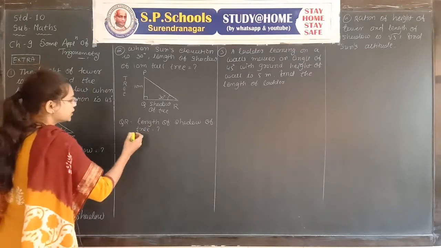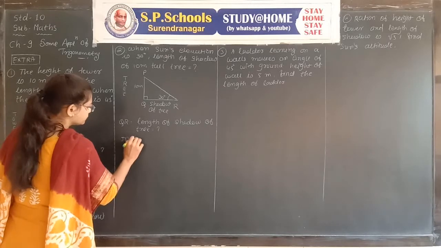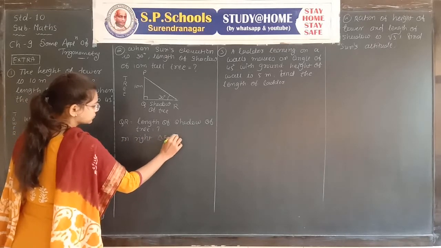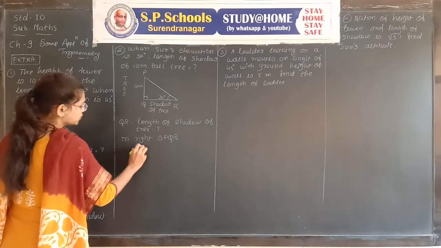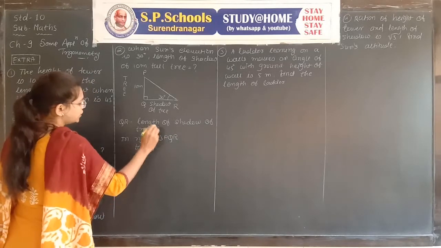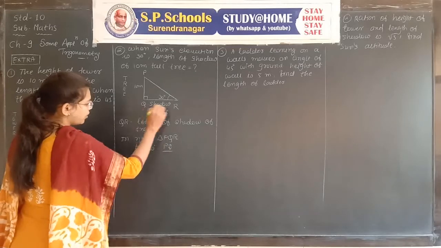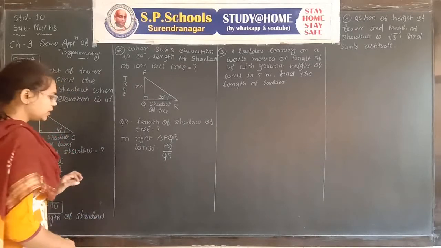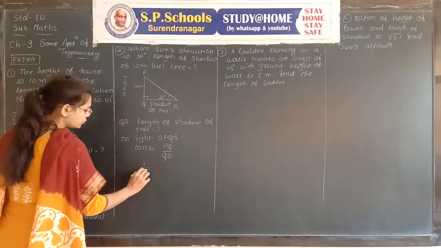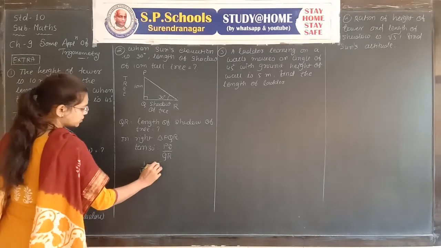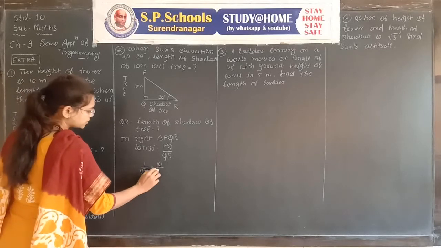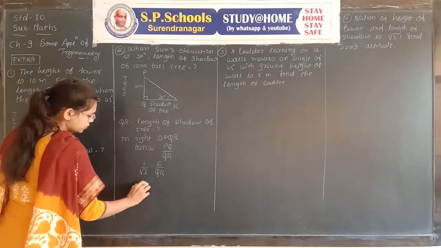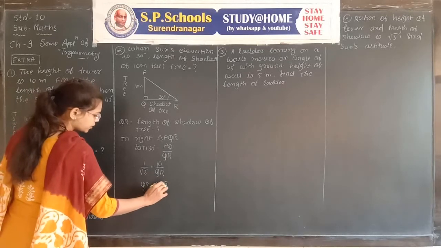In right triangle PQR, tan 30 is equal to opposite PQ upon adjacent QR, where the value of tan 30, obtained from the table, is 1 upon root 3. PQ is 10 and QR remains as it is. That's why QR is equal to 10 root 3, unit is meter.